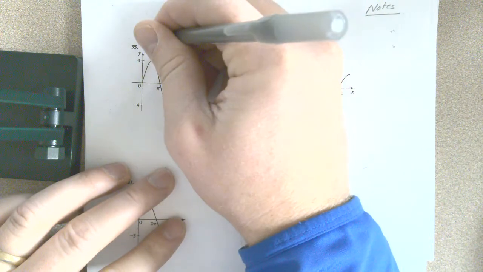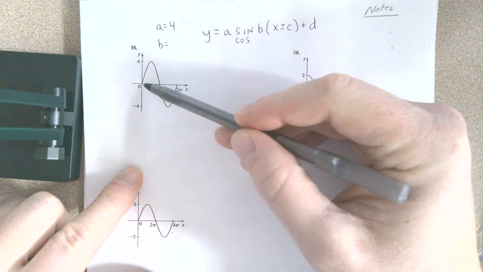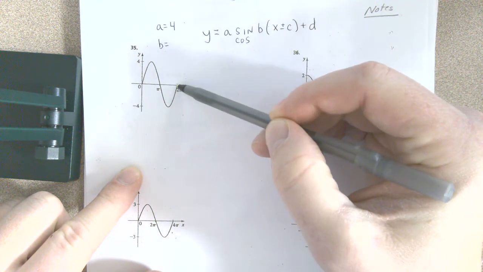Okay, then I think in these problems, the hardest value to identify is probably your b value. If you look at your period here, if I'm starting with the sine curve, I'm starting here at 0. Hopefully you agree that the period would be 2 pi. Everybody agree with that?